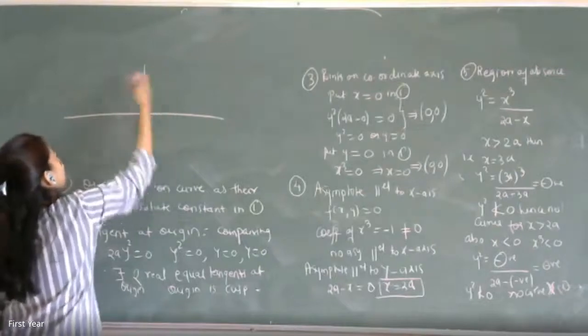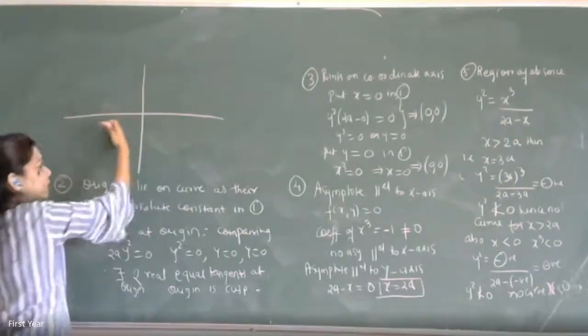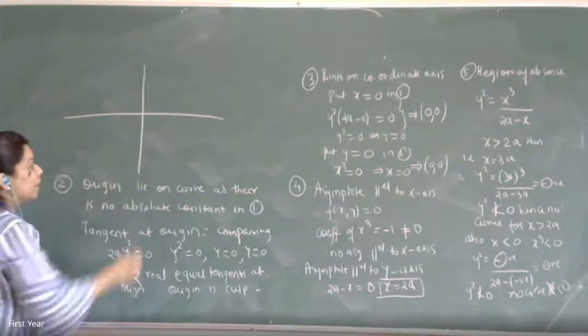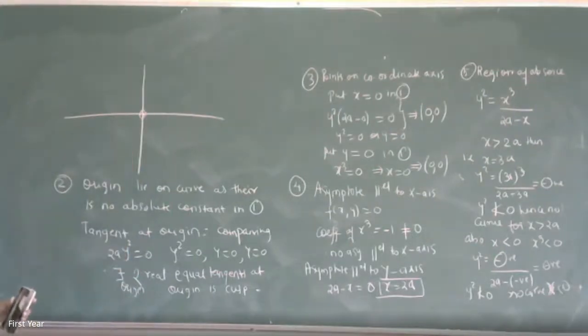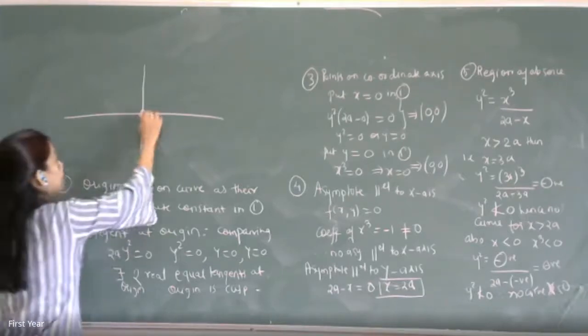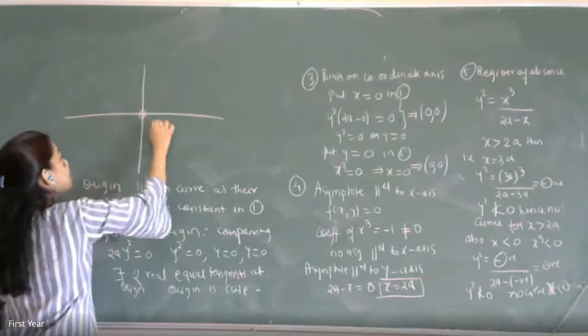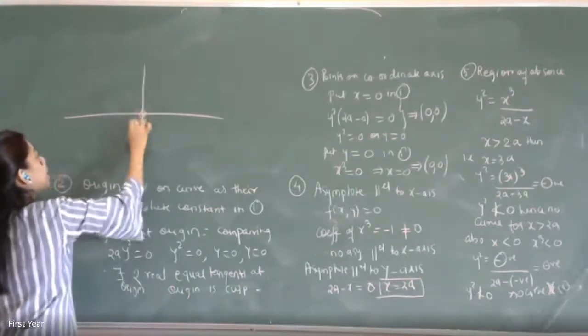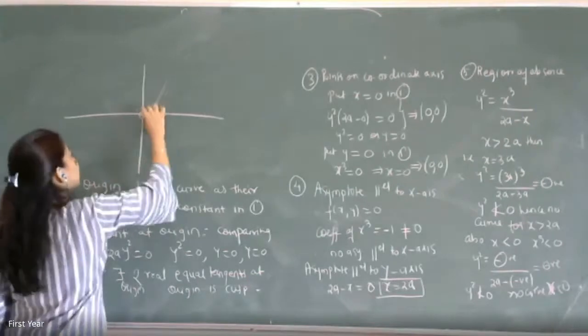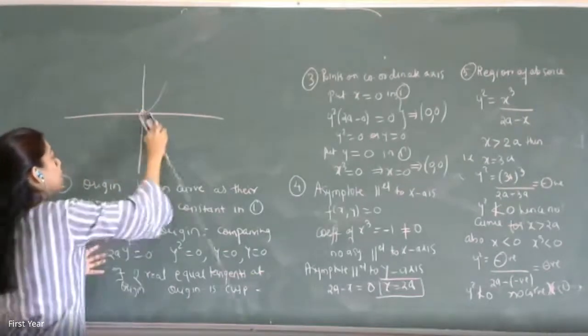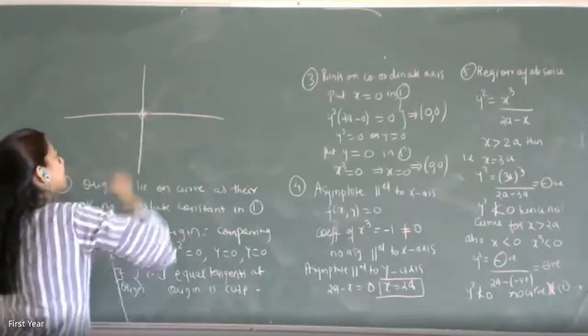So whatever will happen above the x-axis, the same thing will happen below. Then we got that the origin is on the curve, and it's a cusp. Whenever it is a cusp, it can be this side or it can be this side.